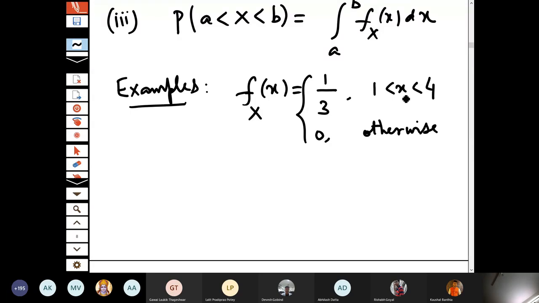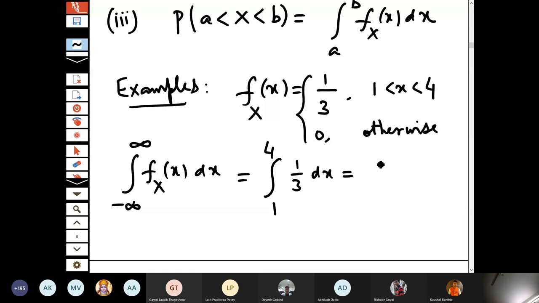It is 1 by 3 for x lying between 1 to 4. What is the integral of this, from minus infinity to infinity? So it is 0 in the interval from minus infinity to 1 and from 4 to infinity, and between 1 to 4 it is 1 by 3. So it is 4 minus 1 by 3, that is equal to 1. So that means it is satisfying the basic properties of a probability density function.